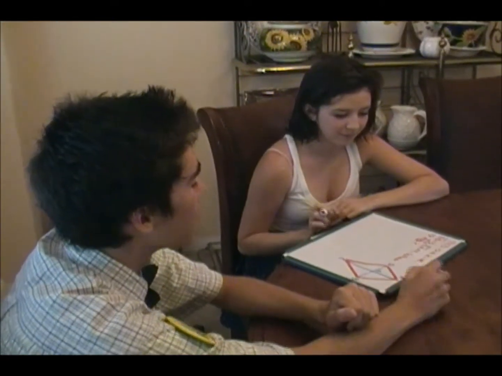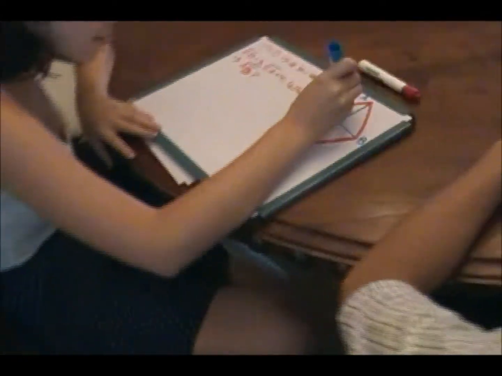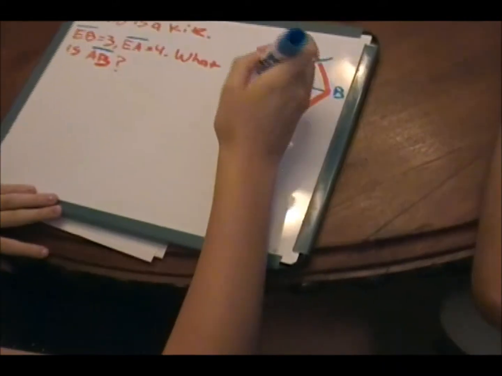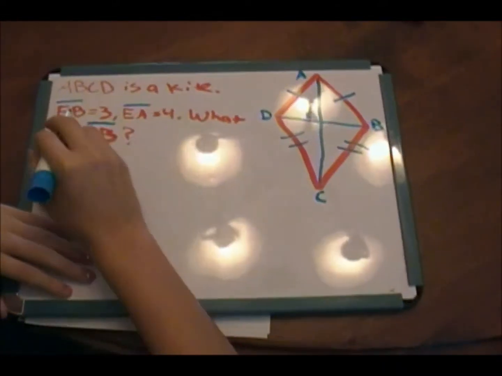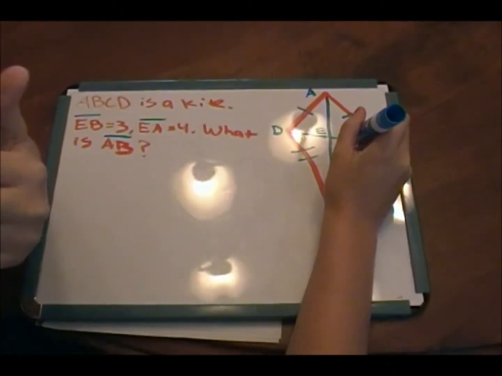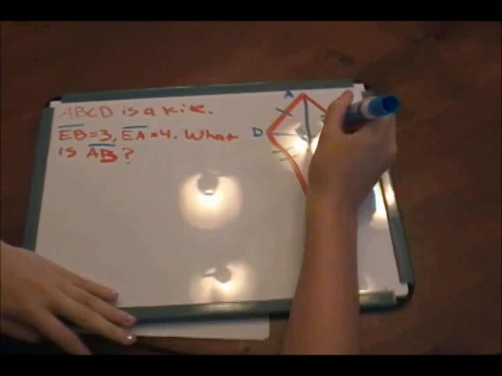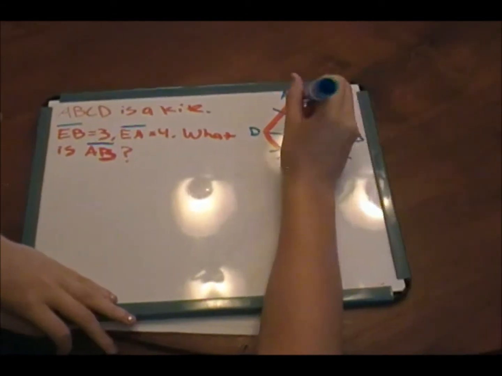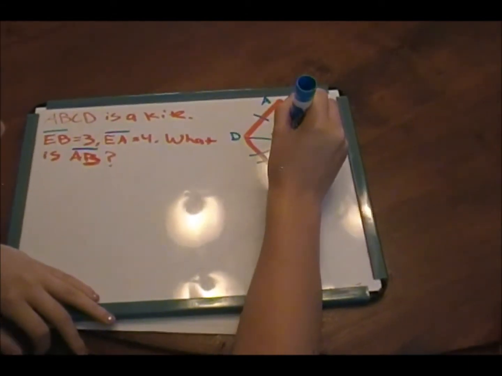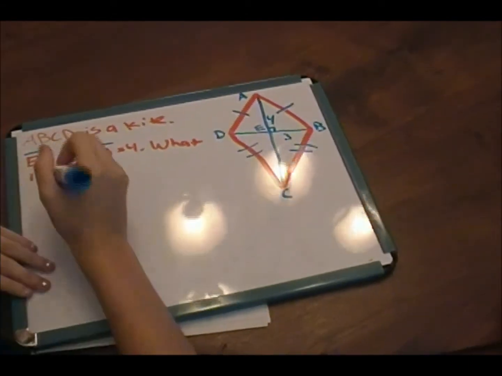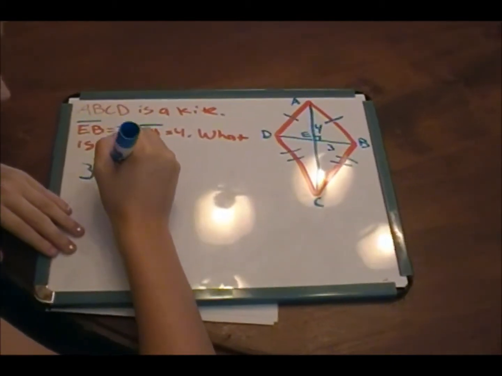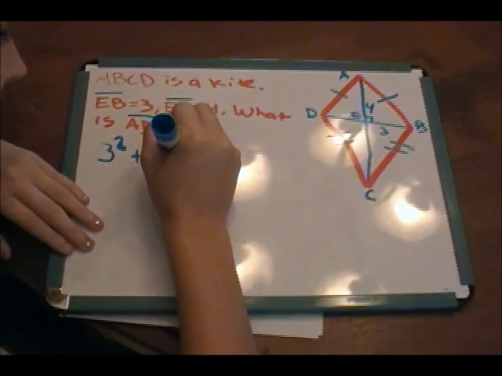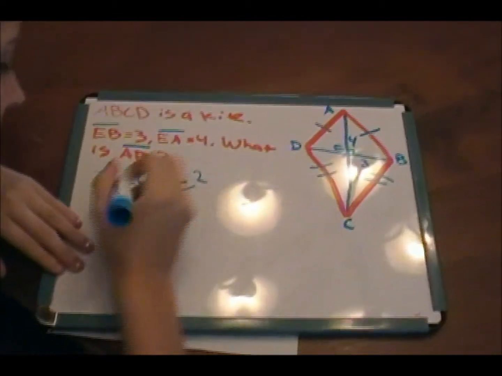Alright, Kelly, here's a problem. I can do this. See, this is congruent to this. And this is congruent to this. So then, if EB is 3 and EA is 4, then we can use the Pythagorean theorem because it's a right triangle. So it's 3 squared plus 4 squared equals C squared.